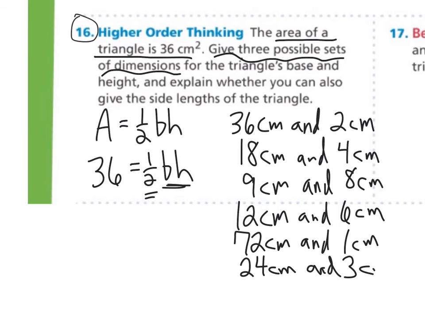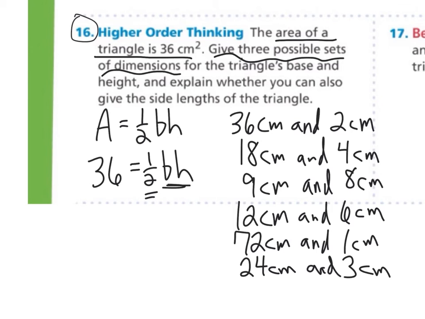And again, all these could be switched around, and that would work out also. It's possible as well that we could have decimals. You know, we could have like 1/2 and 144 could work as well.